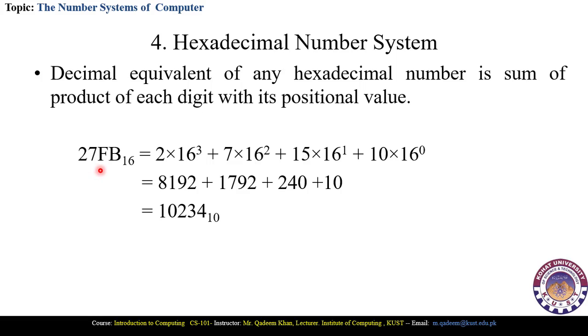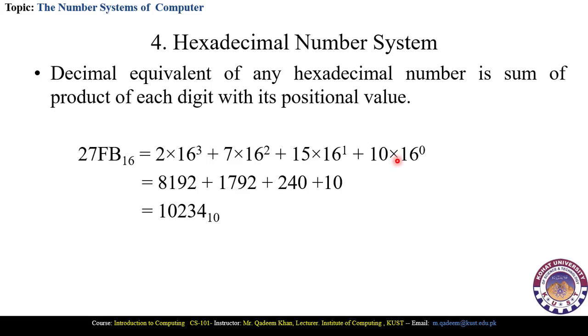represents 15 here. So 27FB base 16 is equal to 2 multiplied by 16 power 3. Because there are 4 symbols here, 27FB, the power is 1 less than 4, so 2 is multiplied with 16 power 3. Similarly, plus 7 multiplied by 16 power 2, plus 15 multiplied by 16 power 1, and the final one, B, which is 10 multiplied by 16 power 0 here.